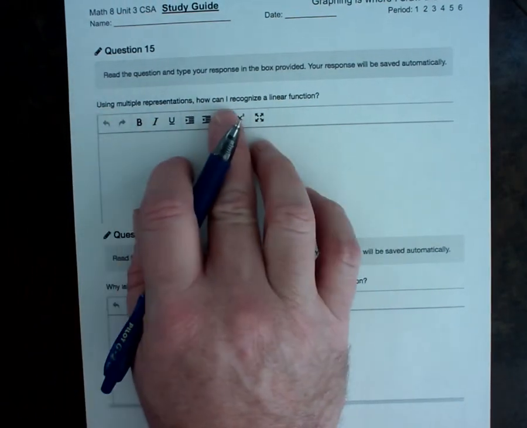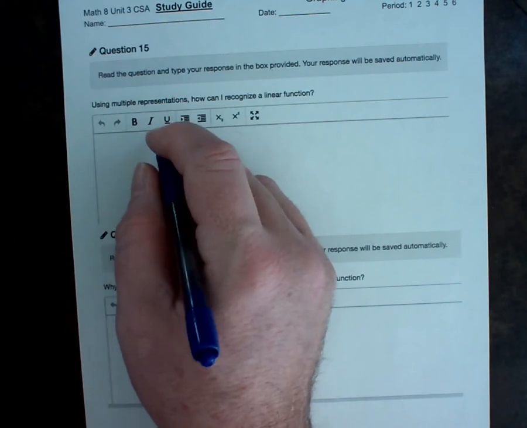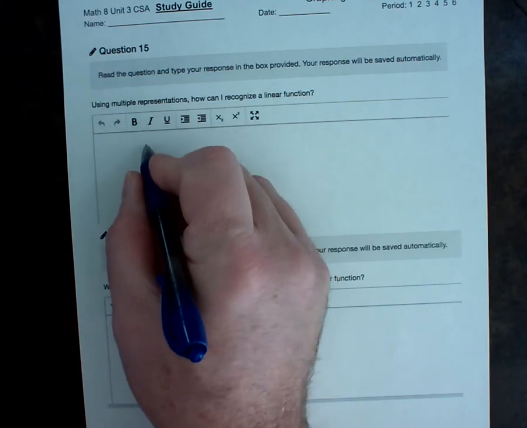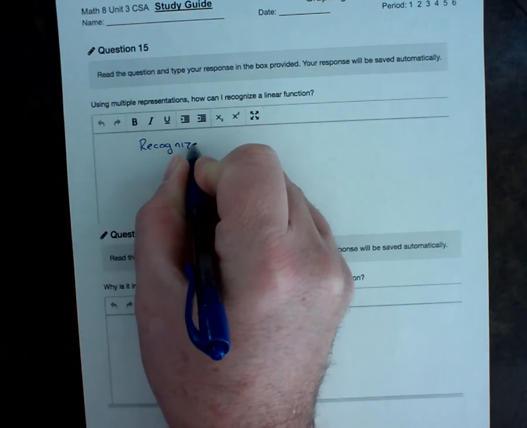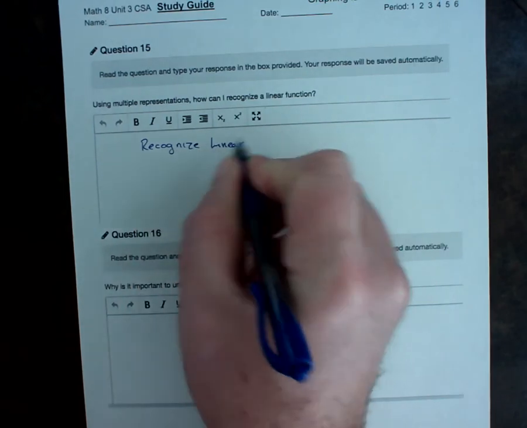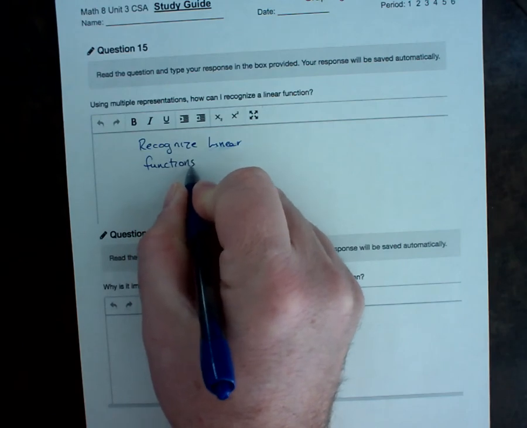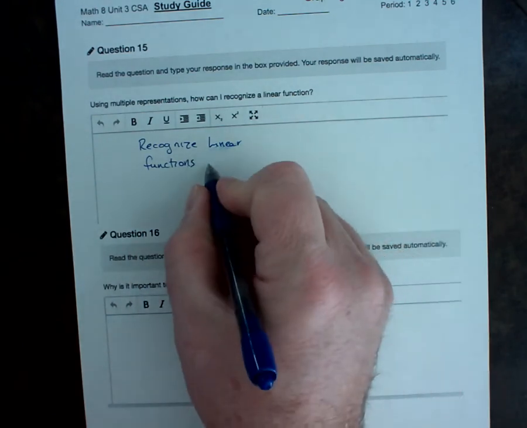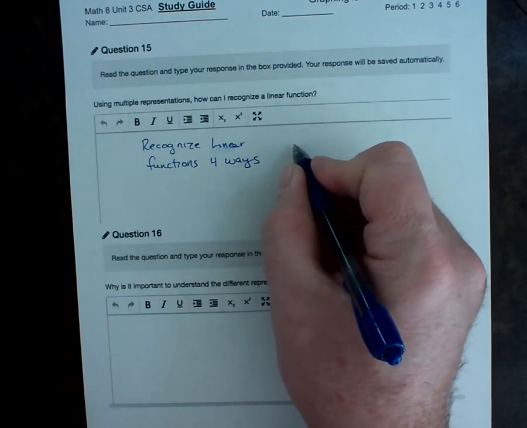So you can recognize linear functions, there are generally 4 ways. And let's take number 1.